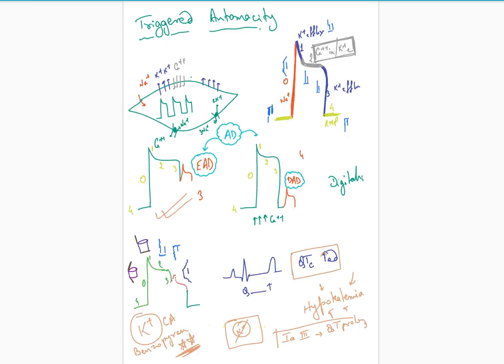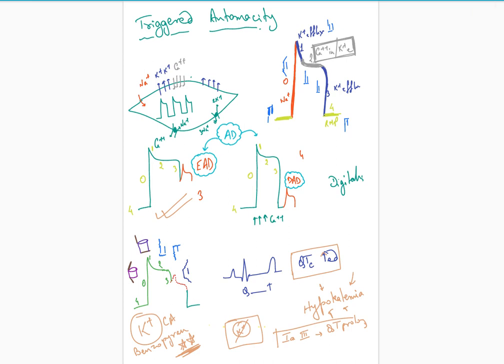Okay, now we talk about delayed after depolarization. Why do you think delayed after depolarization will take place? Suppose we talk about the cardiomyocyte. Look at the upper left picture. There is one more thing you should notice.